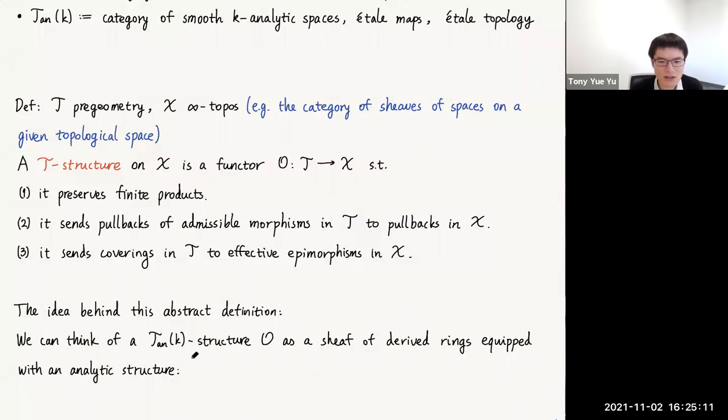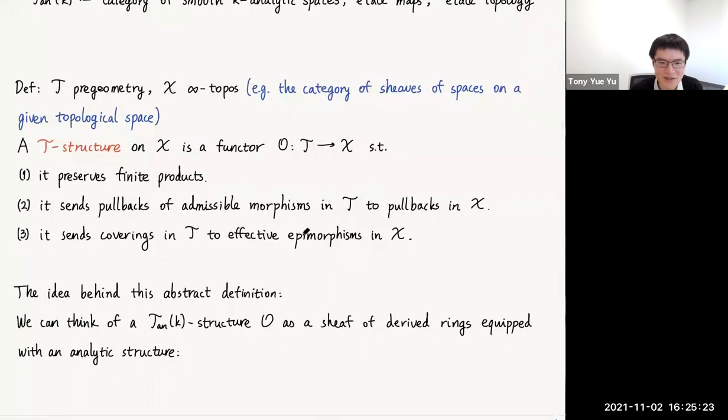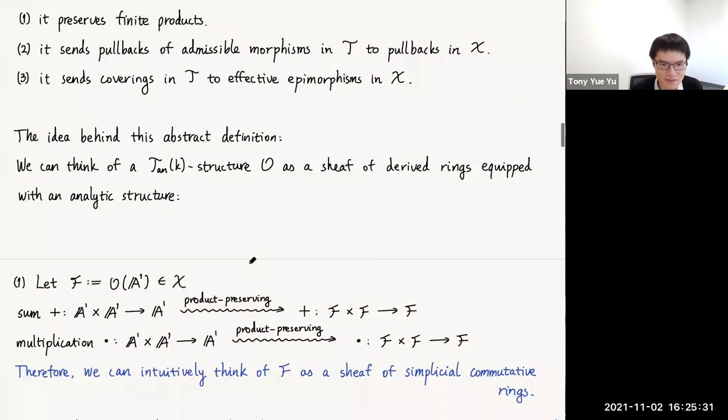So how do we think of this structure, which is a functor, as a sheaf? Well, it's just a functor. There's no sheaf here. In order to get a sheaf, we just evaluate the functor O on A^1.